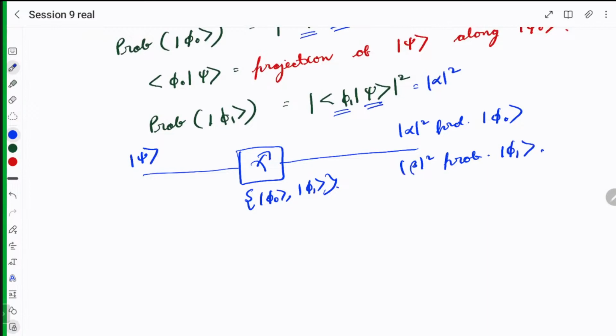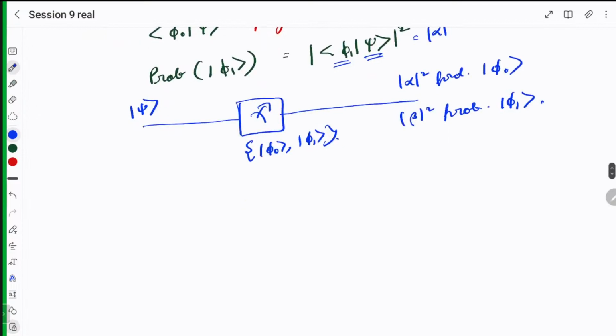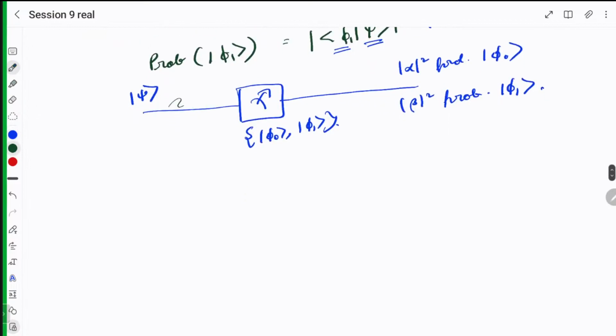Now the question is, suppose I have inputted psi, and after the measurement, I have got phi naught. So can I express the measurement by some operator? The question is, can you replace this by an operator?